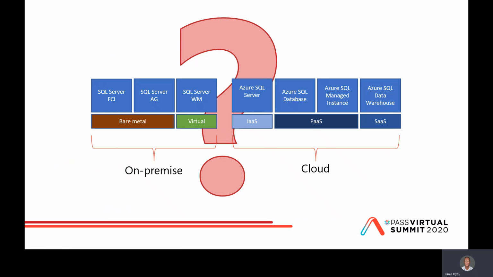I try to depict here some of the most common technical platforms for running SQL Server workloads moving forward. If we start with the on-premise part, we have two bare metal solutions. We have the classical SQL Server failover clusters, or we can run SQL Server as the AG scenario, Always On, that means, but on a bare metal type of infrastructure.